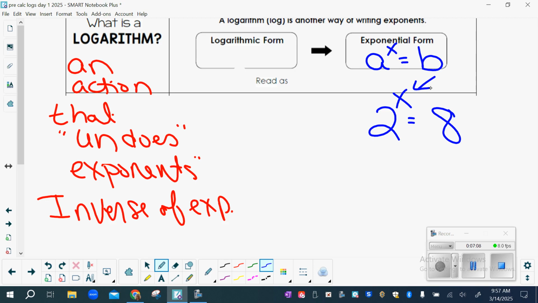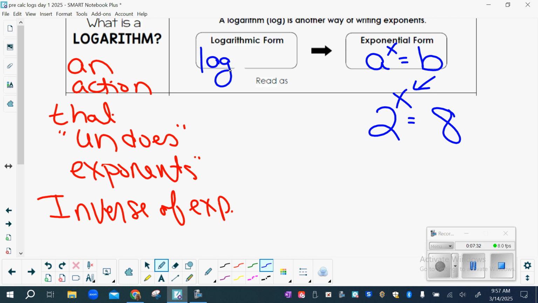And here's how we do it. So what we're going to write, and see if you remember this from last year, log. Would it be nice if it was that squiggle thing? Yes, but too bad, it's not. So in my head, all day, I have said the same words. I'm not lying. The base goes in the basement. The exponent is the answer.